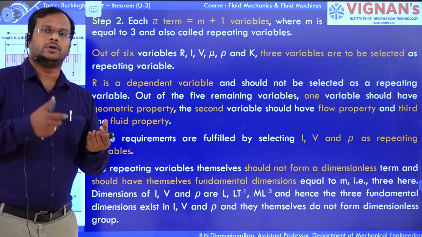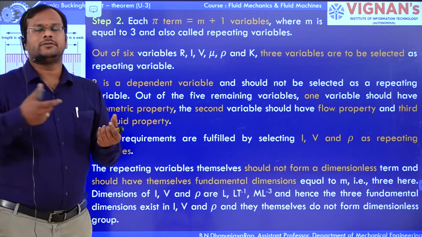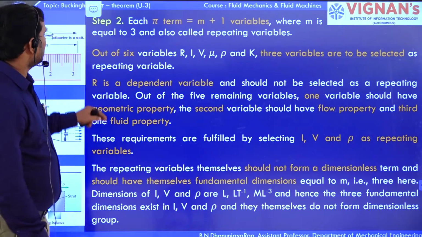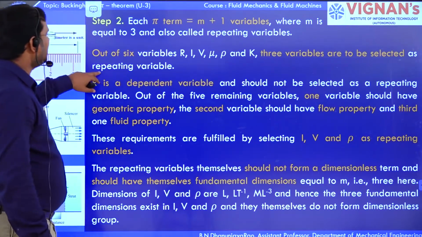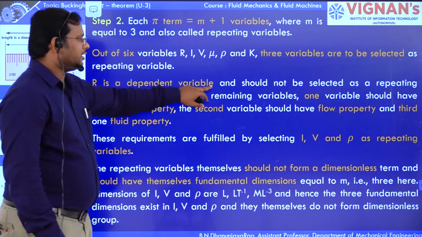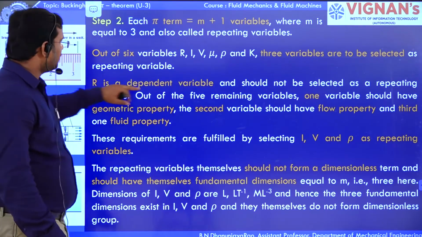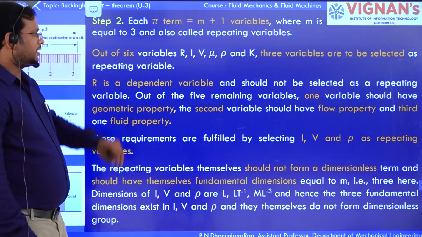Okay, we need to identify the repeating variables from the independent variables. So out of 6 variables, 3 variables are to be selected as repeating variables. R is the dependent variable, so we cannot select R as a repeating variable.